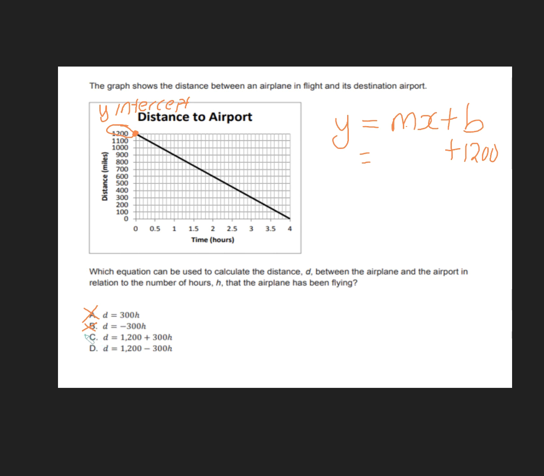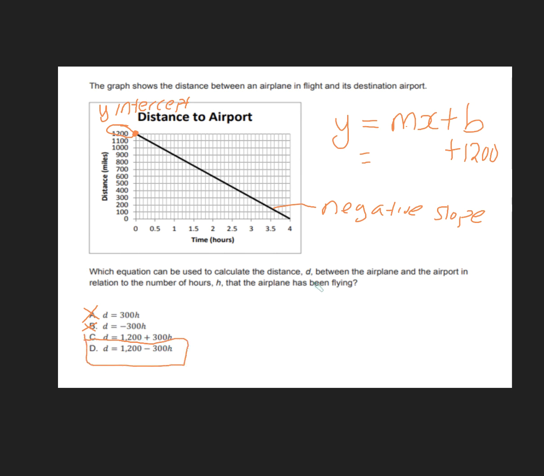Now another way I can get my answer really quickly is to determine what type of slope I have, because notice your slope is the 300 and they have a plus 300 and a minus 300. So what type of slope do I have? Is it positive? Is it negative? Remember, when you're reading your line, you go from left to right. So I'm starting from here and watch my pencil. It is going down. This is a negative slope. And between C and D, who has the negative slope? D. So D is my answer.